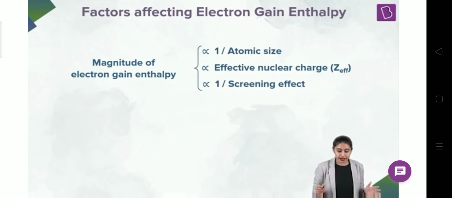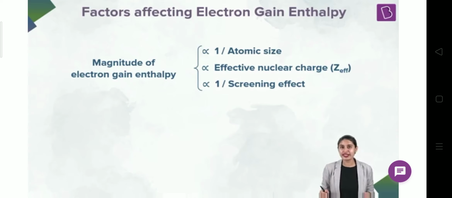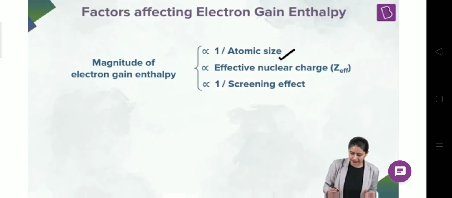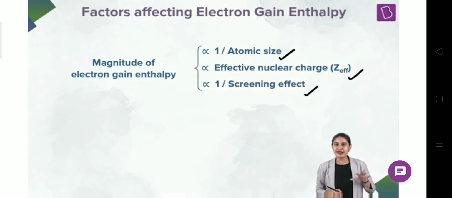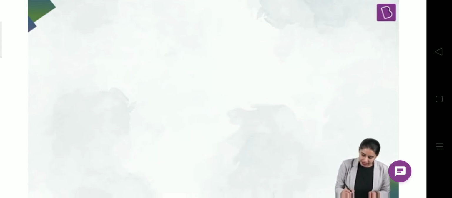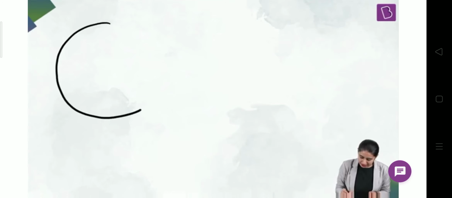So let's understand factors affecting electron gain enthalpy. When I talk about the factors: atomic size, Z effective and screening effect. Let's see the fusion between the four. Let's say an atom which has a very big size.